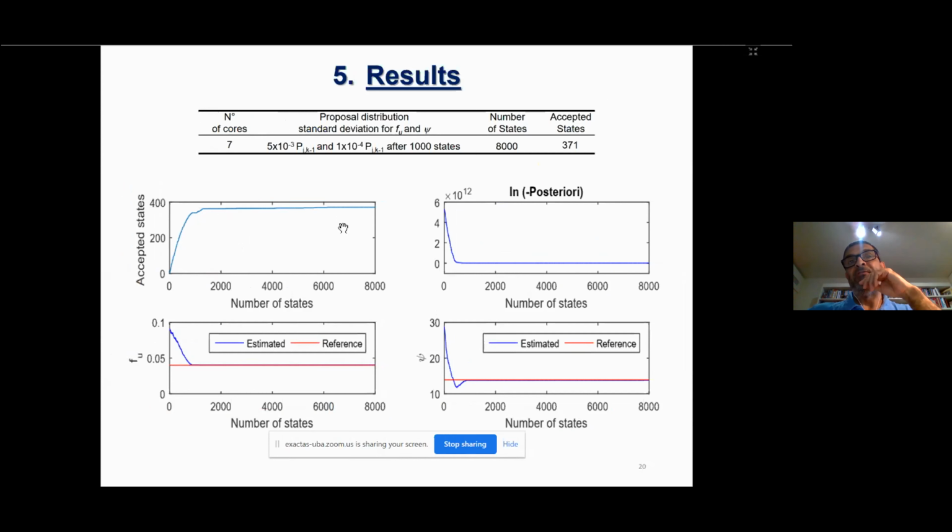So what we believe here is that the likelihood is so sharp, so peaky, that when the samples get into that region of very large likelihoods, they can never get out. But we are still investigating what is happening here.